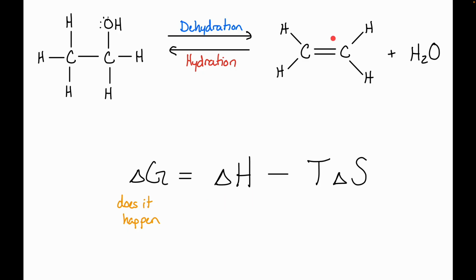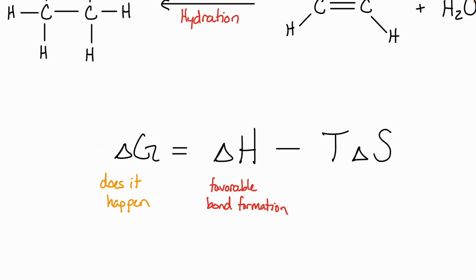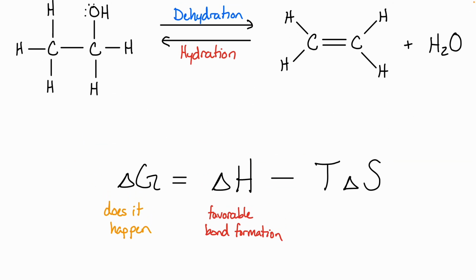It's a lot easier to break this carbon-carbon bond than what you get back out when you form these two new bonds, our carbon-oxygen and carbon-hydrogen bond. We put very little energy in to break these bonds, and we get a lot of energy out when these new bonds form. So our delta H is a measure of how favorable our bond formation is, and our hydration reaction is more enthalpically favorable.